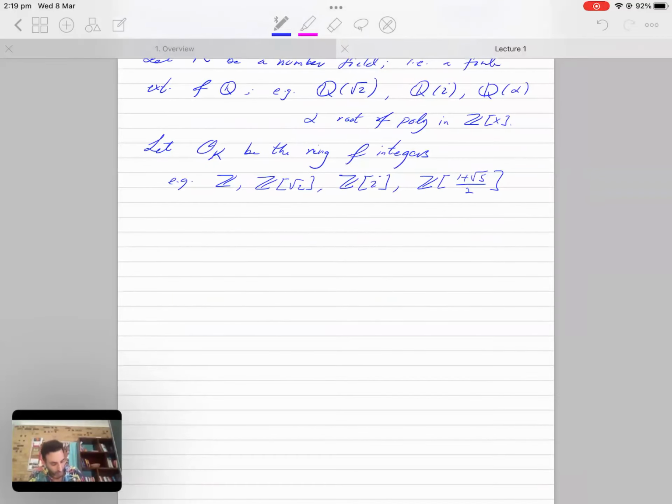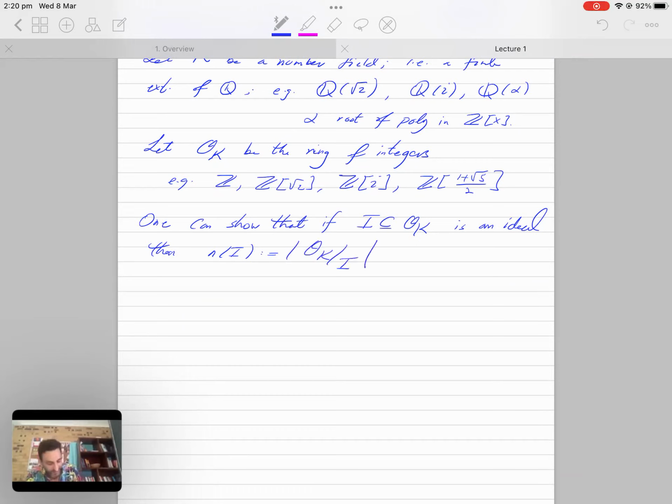So for what I want to say now, one can show that this is a ring, and if we have an ideal in this ring, then if you look at O_K modulo this ideal, then this is actually finite.